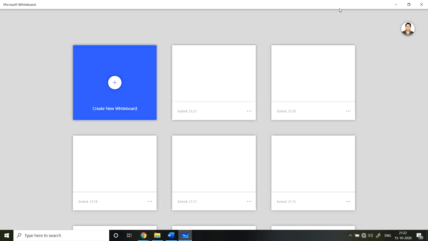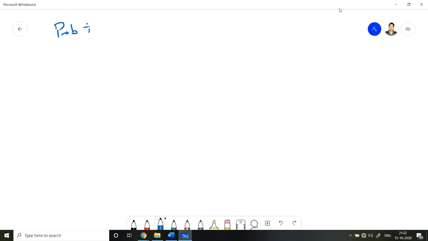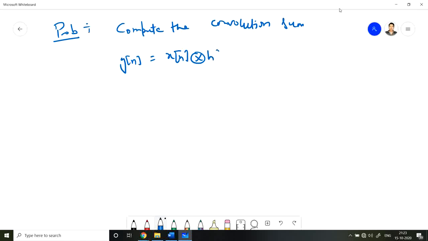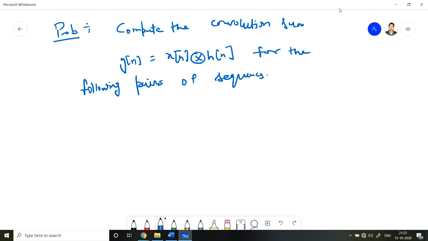So let us do another problem. Compute the convolution sum y[n] equals x[n] convolved with h[n] for the following pairs of sequences.